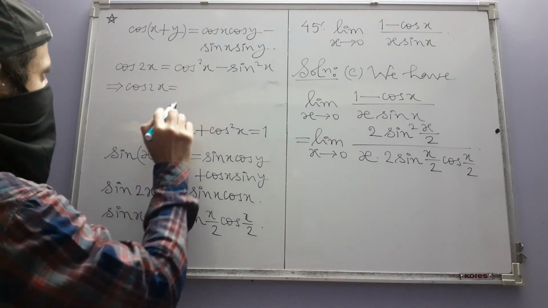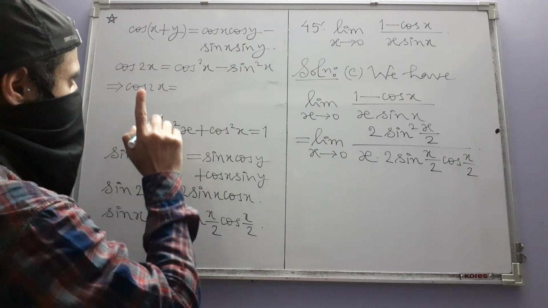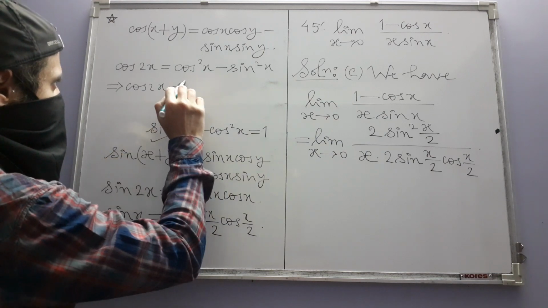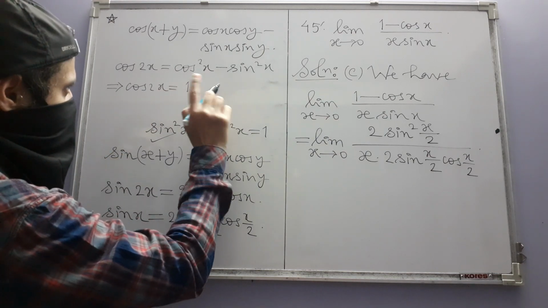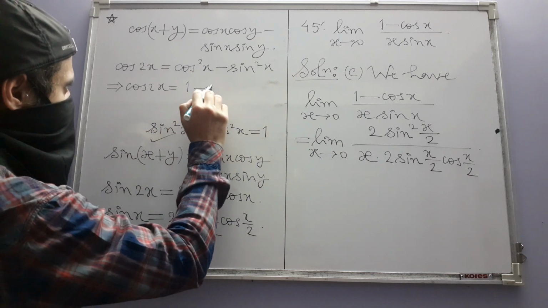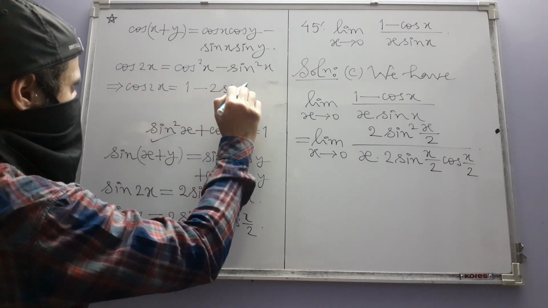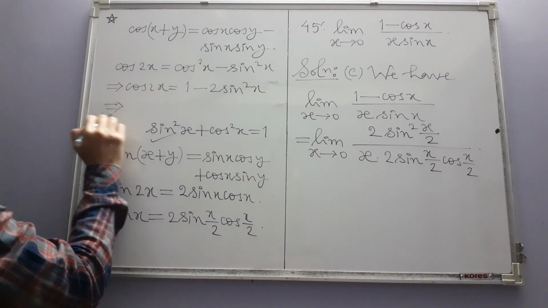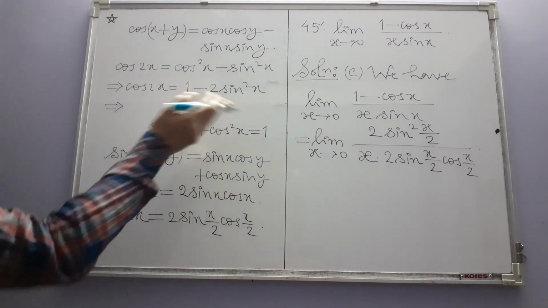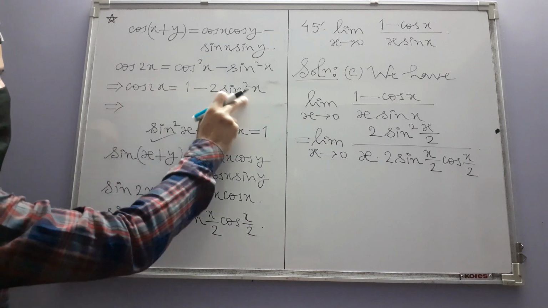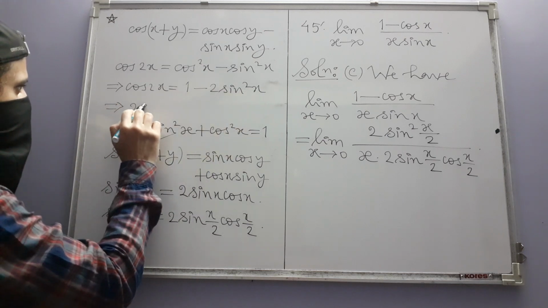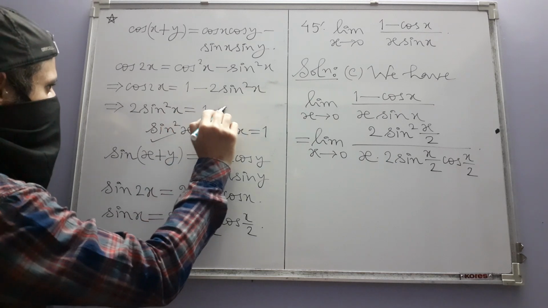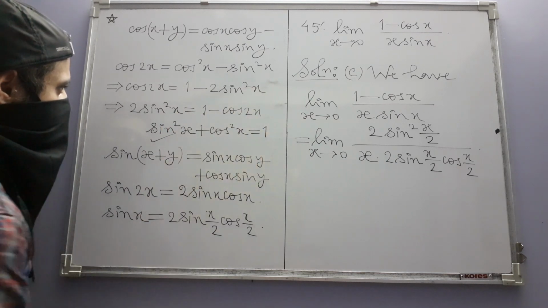Now, if you write in place of cos square x, 1 minus sin square x, which of course you get from here, then you get 1 minus sin square x minus sin square x. Now, interchanging positions of this term and this term, you get 2 sin square x equal to 1 minus cos 2x.